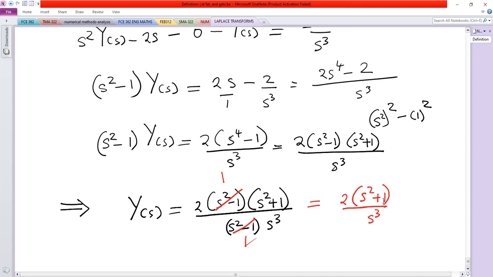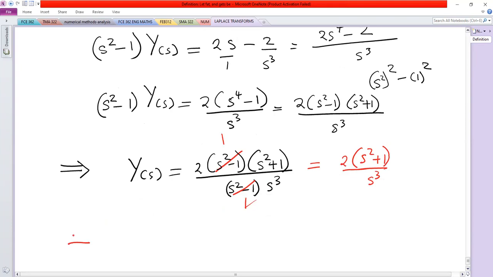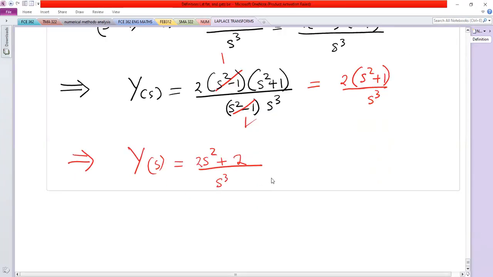Now capital Y of s is given by 2 s squared plus 2 divided by s power 3, which you can write as, dividing every term by s power 3, 2 over s plus 2 over s power 3.